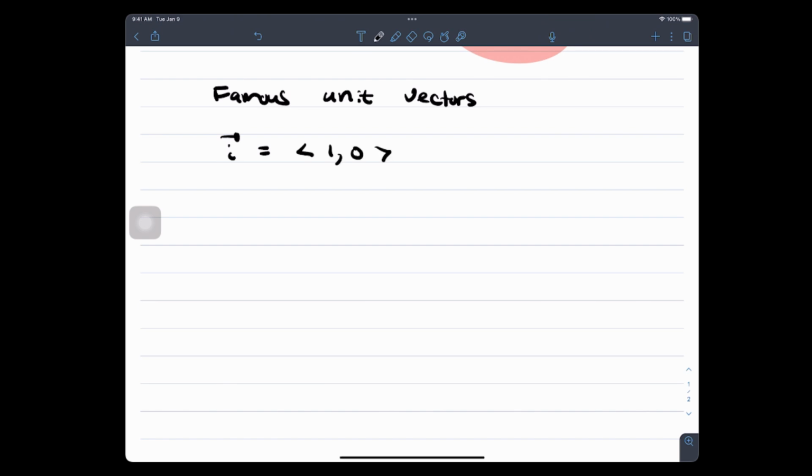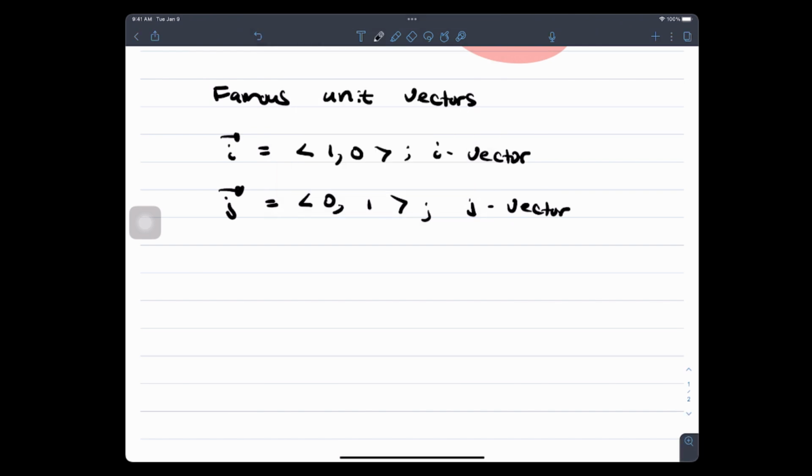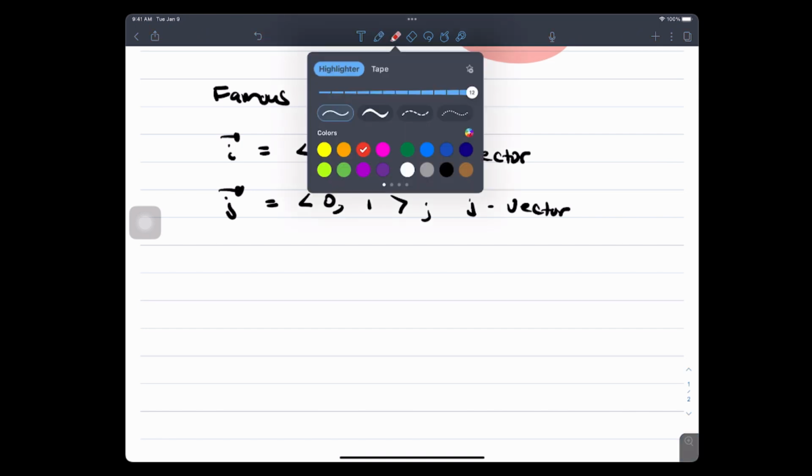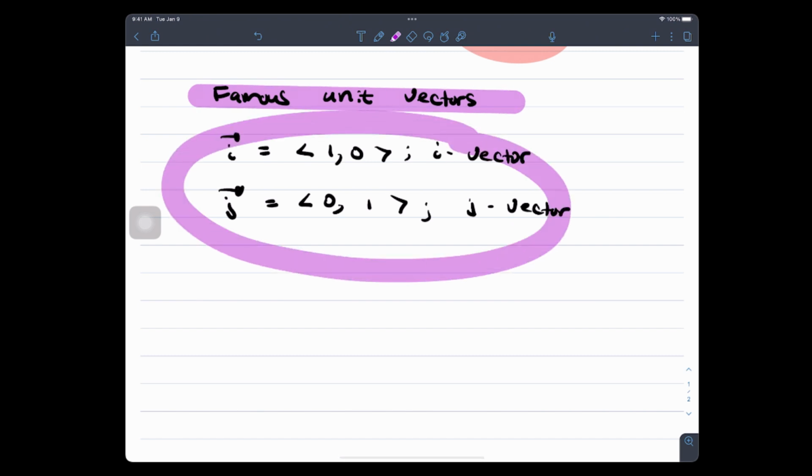This is called the i vector, and the j vector. They're famous. They're in math and science. i vector, j vector. Some of the most famous vectors you'll ever meet. These are the very famous unit vectors.